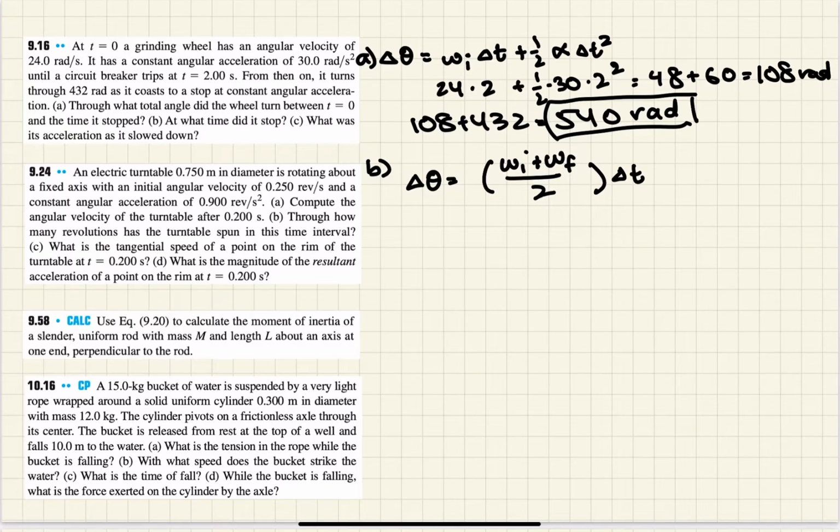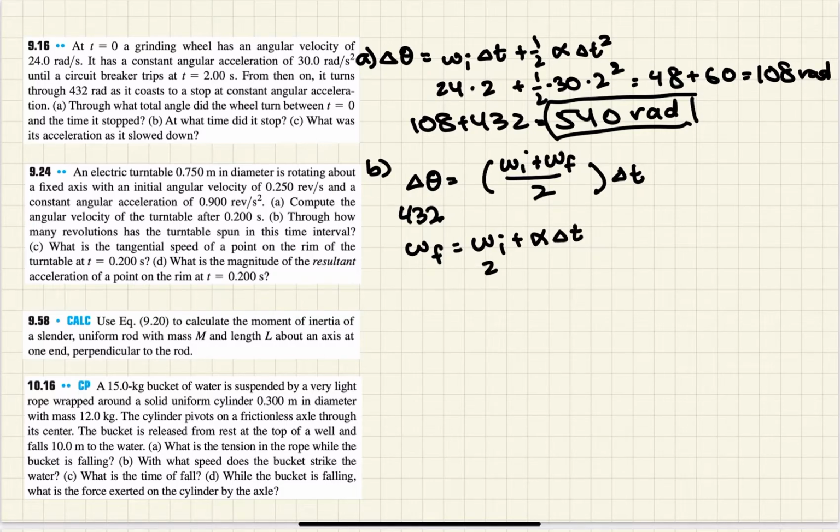Yeah, anyway, so we know this is 432 because it's only after the circuit breaker trips. Do we know the initial? Oh, we don't yet, but we can solve for it. We know the final angular velocity until the circuit breaker trips is basically the initial that we're looking for now. It's equal to the initial plus the angular acceleration times delta t.